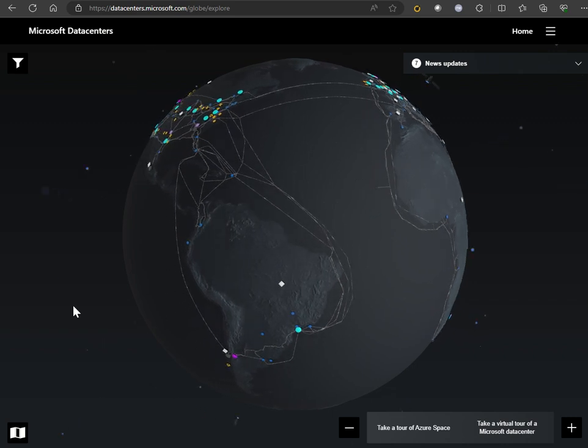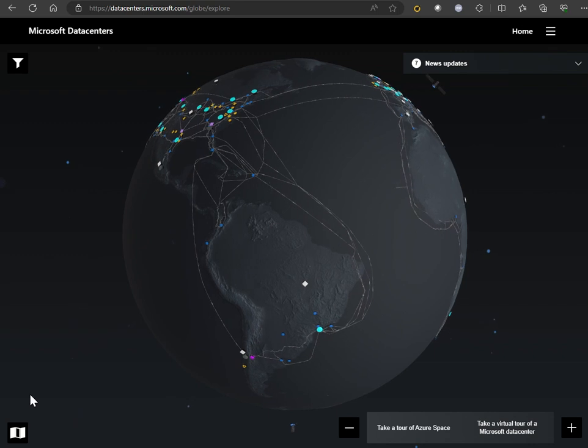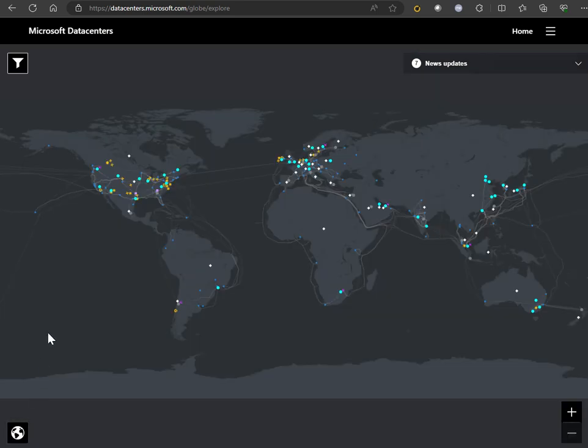Okay, so let's start with this. Let me switch to the map mode. Both are possible, so this is pretty convenient for me. As you would see, we have a very good presence of infrastructure across the globe in this map, guys.